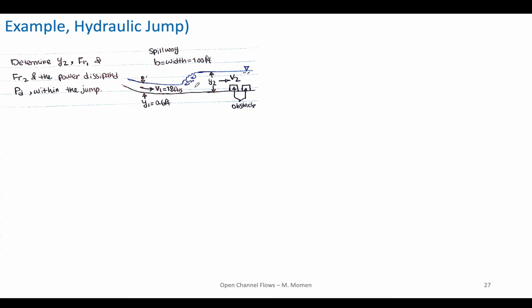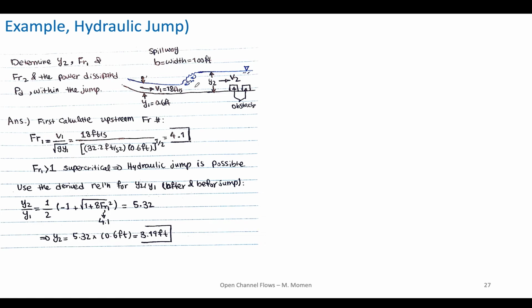Okay, so the first thing we do is calculate the upstream Froude number to find whether a jump actually occurs, and also because the problem wanted us to do that. The definition of the Froude number is V1 over the square root of g y1. These are all things we know from the problem statement.